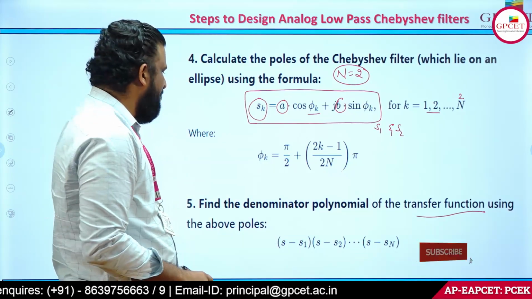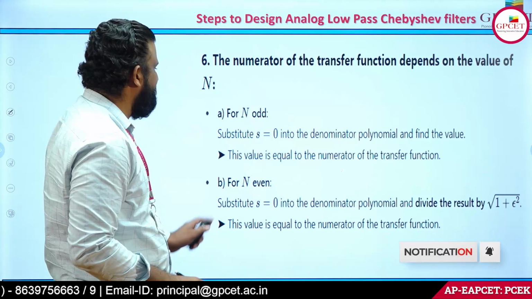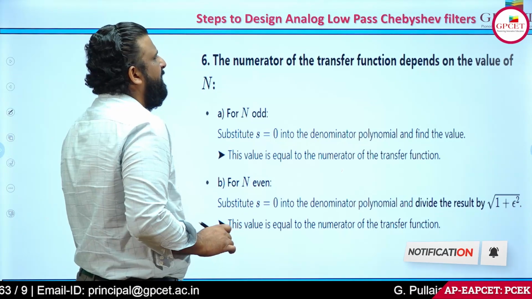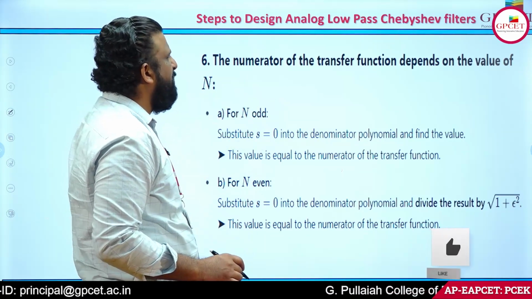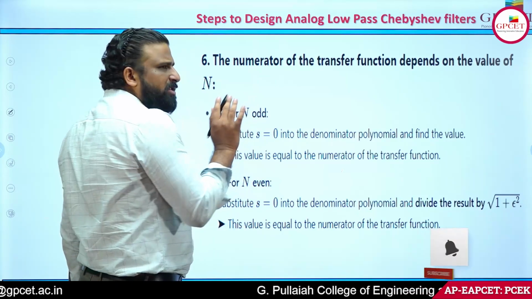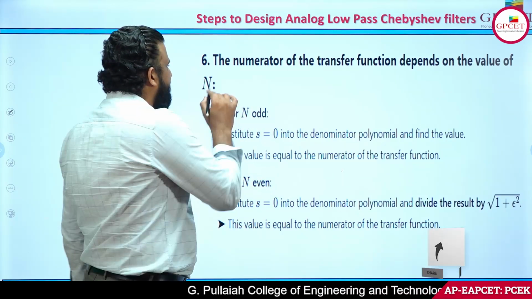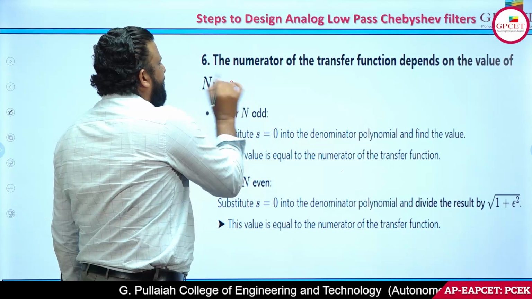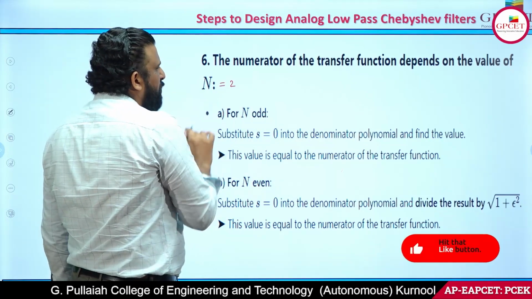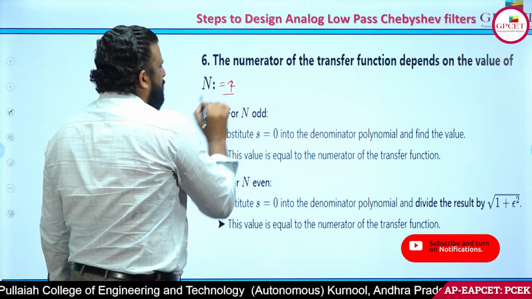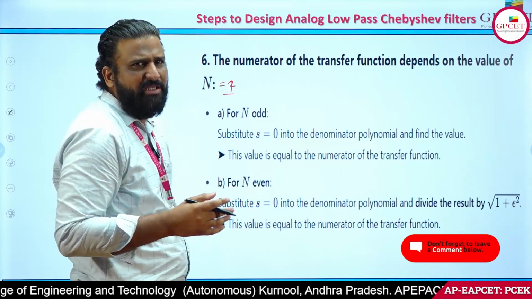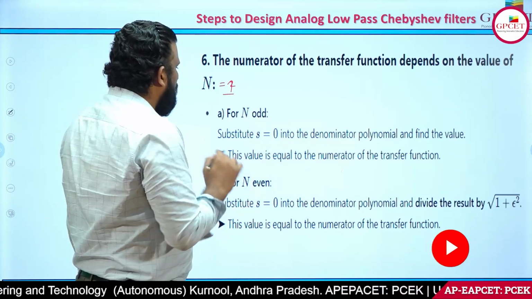And finally, in the sixth step, this is the main thing you need to keep in mind very carefully. Here, we find the value of the numerator. According to the value of n, here we got n equal to 2, so it is even. If I get n equal to odd values, for n equal to 1, 3, 5 and so on, what we have to do?